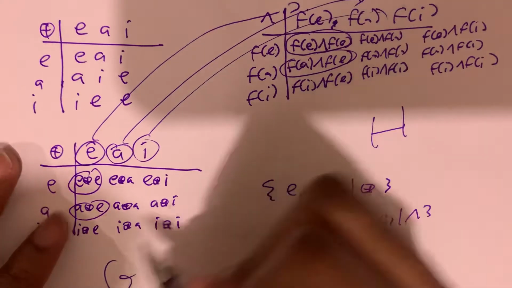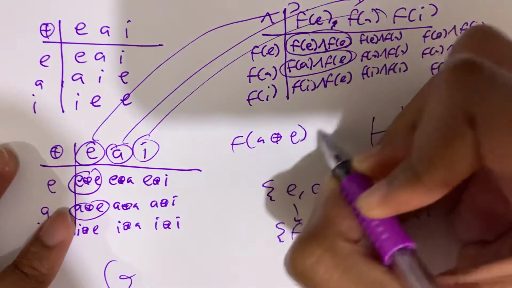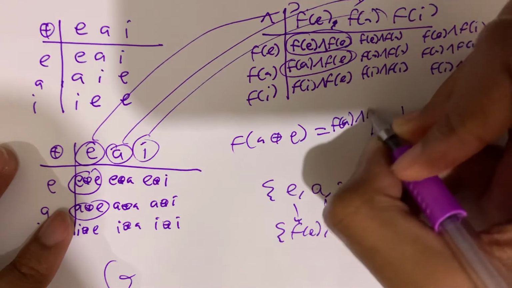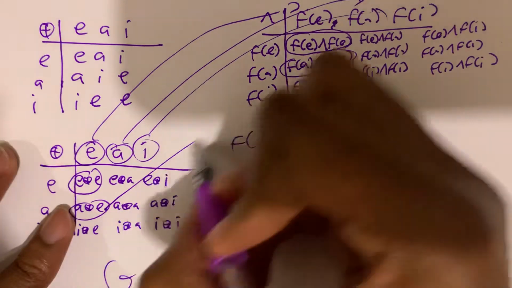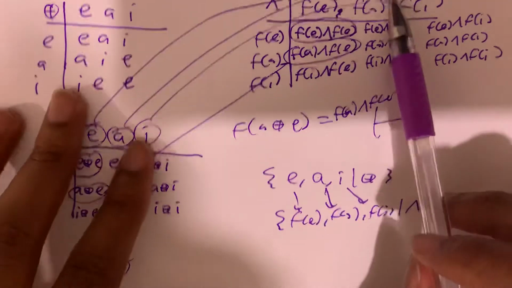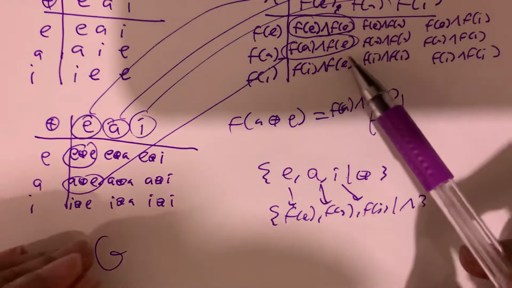So, for example, f of A operated with E gives me f of A wedge f of E. Not only are the members of the group being mapped to each other, but the group operations are being mapped as well.